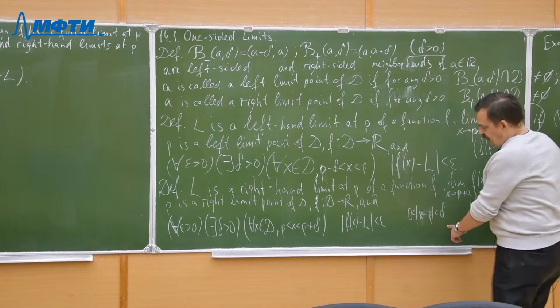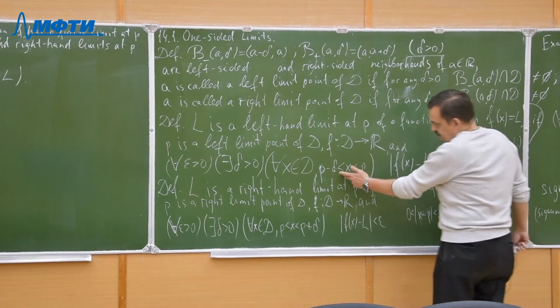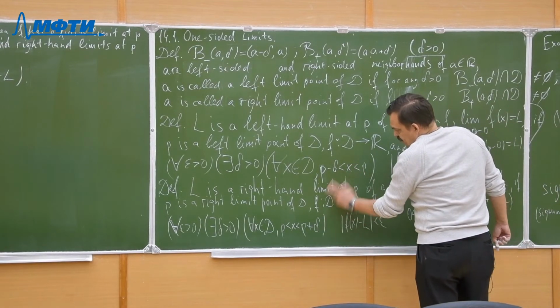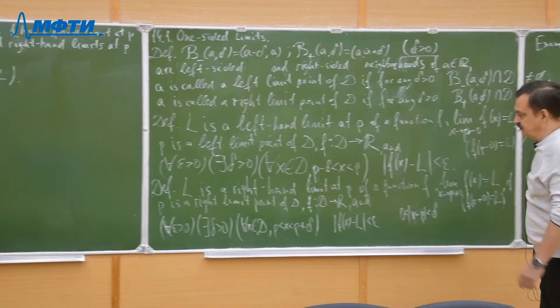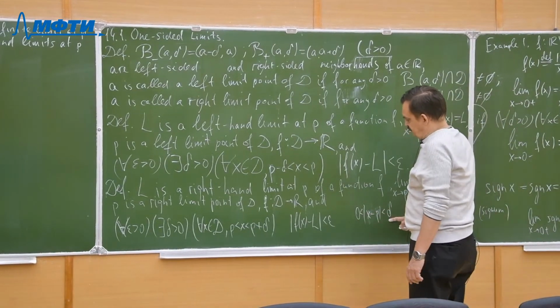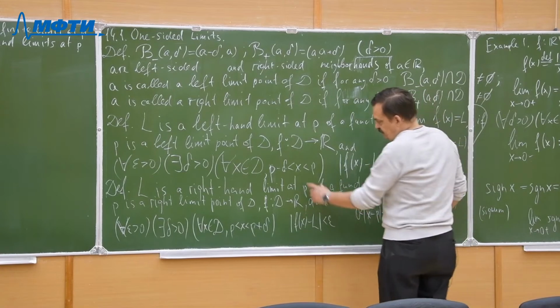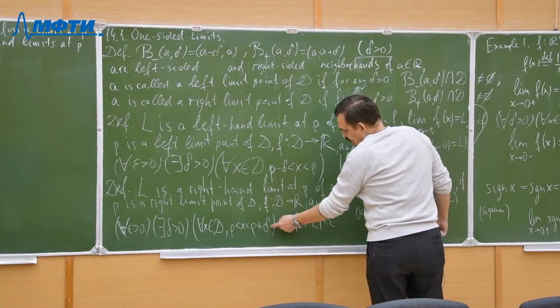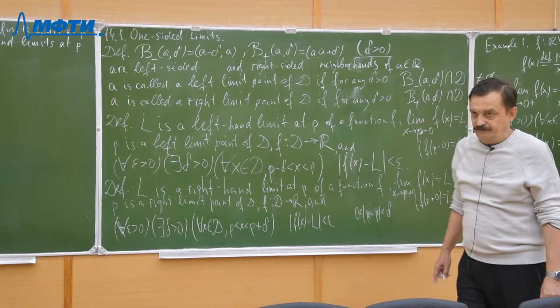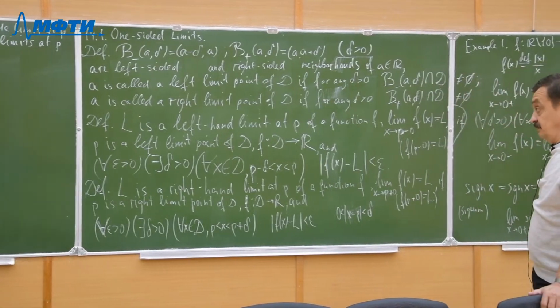And that inequality is equivalent to the pair of both inequalities. So this is satisfied if and only if both of those inequalities are satisfied. And that is the proof.